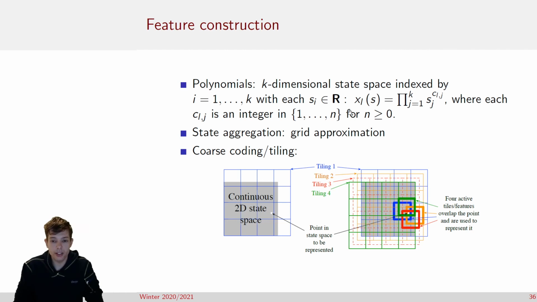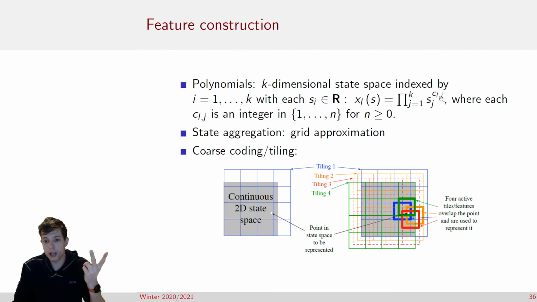And we do this by selecting the l-th feature as the product of our states to the power of some coefficient. So for example, we can create a constant by saying that c_{l,j} is 0 for all j for l equal to 1, then the first feature would just be a constant.